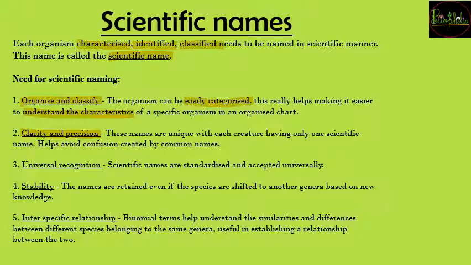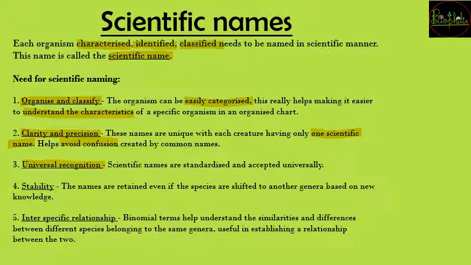And to avoid confusion that is created by the common local names, you give it a single all worldwide name, that is a scientific name. यानी scientific name all over the world despite of the language differences, that organism would be known by its scientific name.